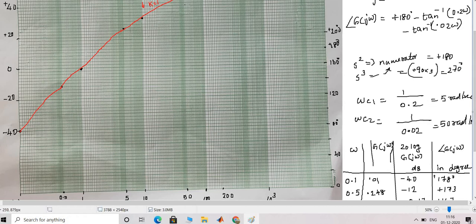The value corresponding to 0.1 is approximately 178, so we mark that value here.